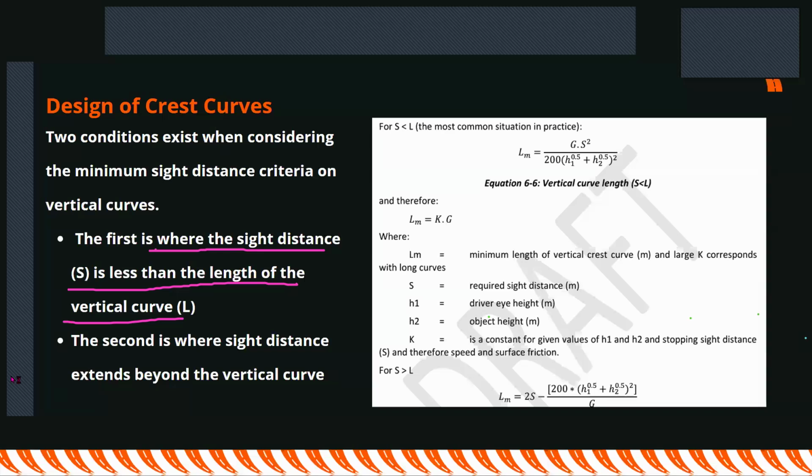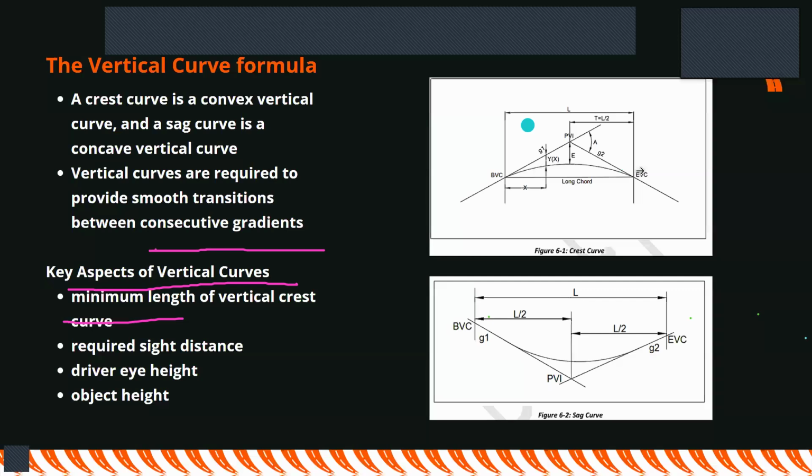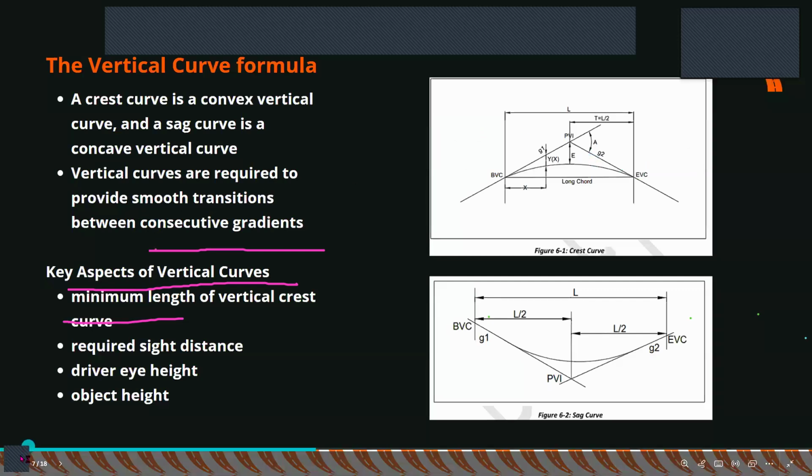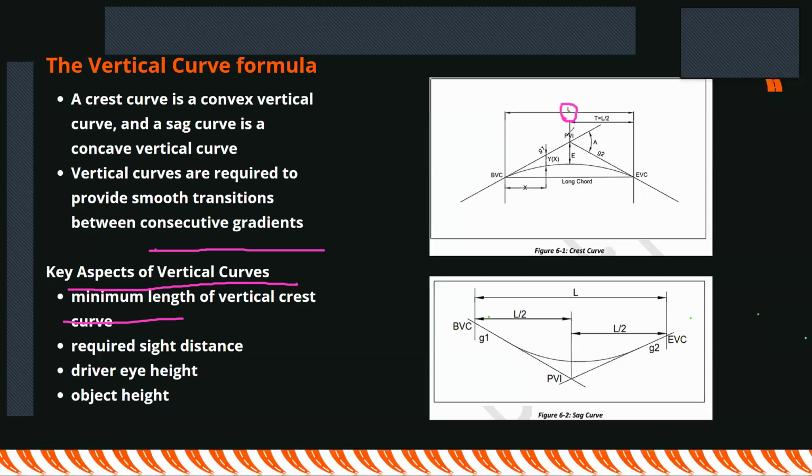So what that means, let me go back here, possibly. Let's say this is the crest curve, and this is the length of the curve. And let's say we want to use S as the length of the sight distance required.